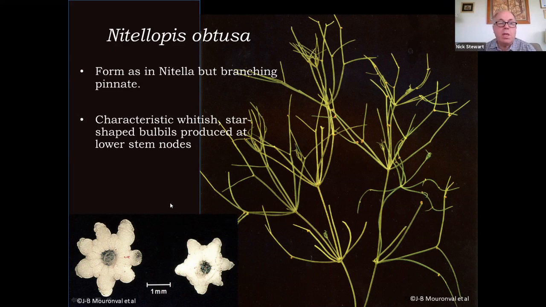But the most distinctive thing is that it produces on the lower stem nodes these very distinctive star-shaped bulbils, not always as regularly star-shaped as these examples, but these complex, starchy, whitish bulbils centered around the lower nodes, and the name starry stonewort comes from these bulbils.